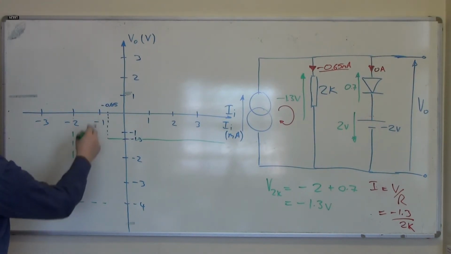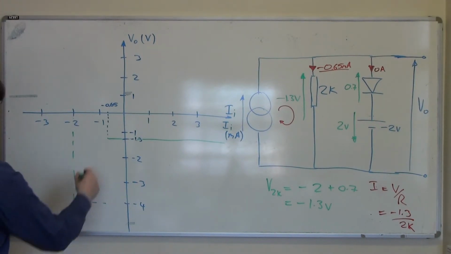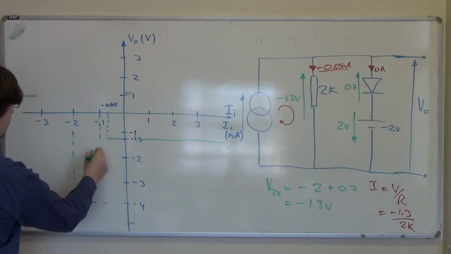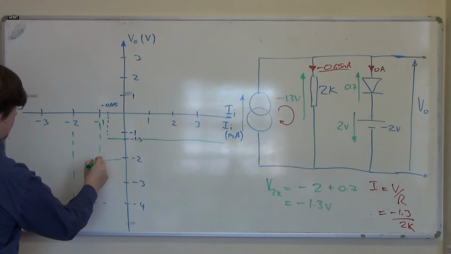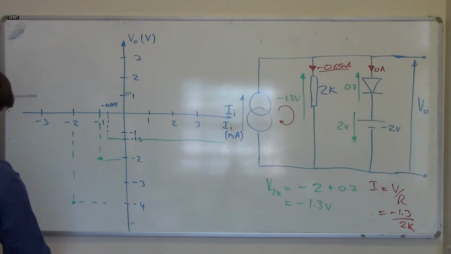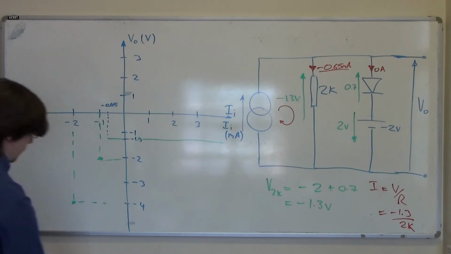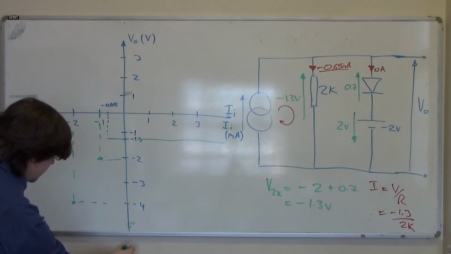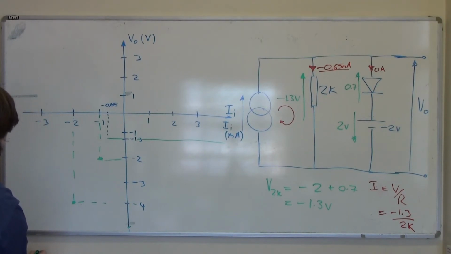And for the case of minus 1 milliamp, I'd have minus 2 volts, so that would put me out there. And for minus 3, I'd have minus 6, which is, well, 5 is probably about here, so 6 is probably about there, so somewhere down here, I guess.